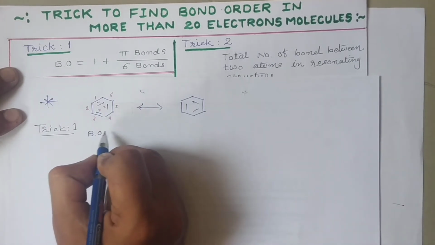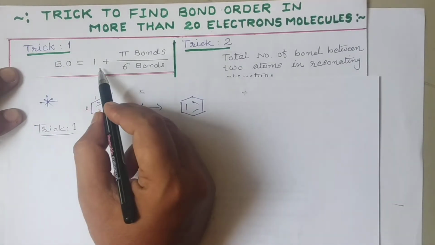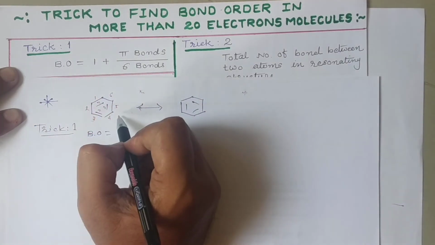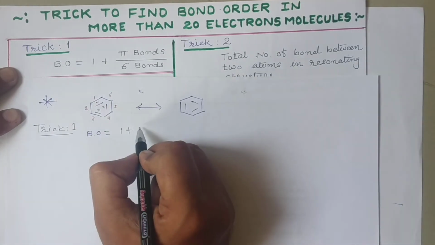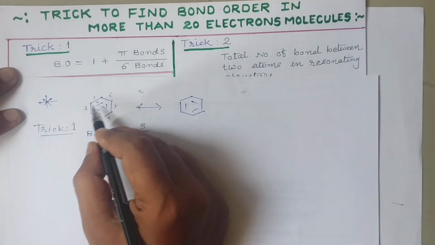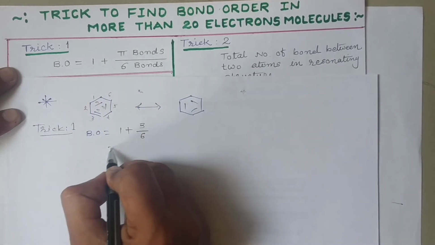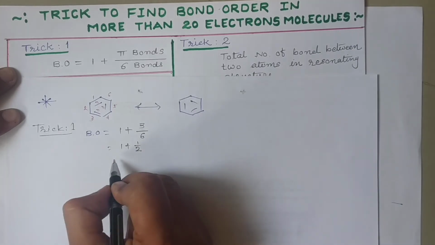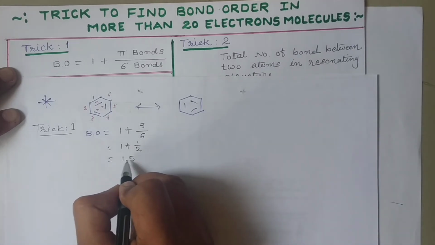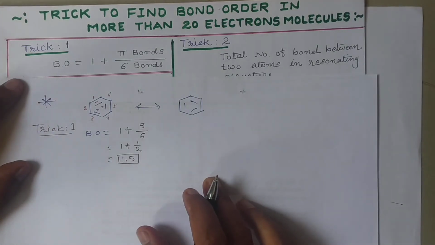The formula is the same: bond order is equal to 1 plus pi bond upon sigma bond. So 1 plus the total number of pi bonds, that is 3, upon sigma bonds, 6. So 3 by 6, so 1 plus 1 by 2. So the bond order will be 1.5. So in benzene the bond order is 1.5.